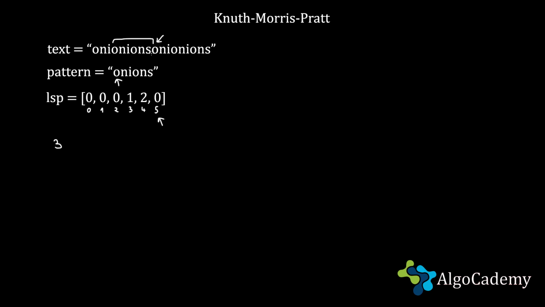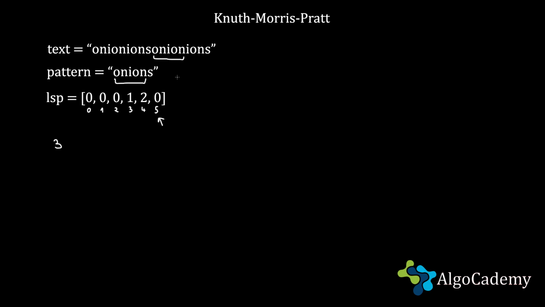I start comparing the characters, O equals O, N, N, I, I, O, O, N, N, so the pointer will be here, and this pointer will be here, and I see that these are my first two characters which are not equal. So I know this substring is not a valid one, but what I also know is the longest prefix of this substring which is also a prefix here, and these are onion.